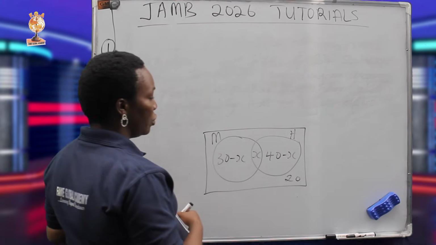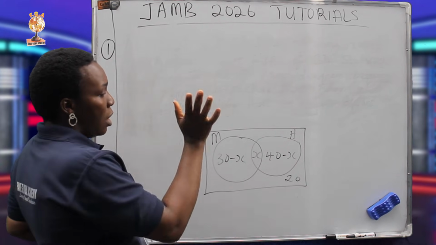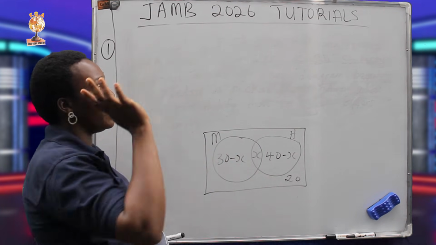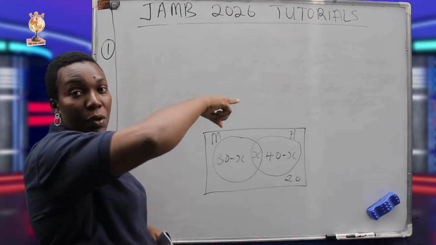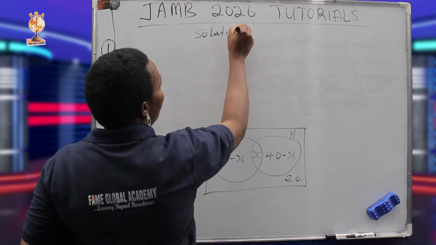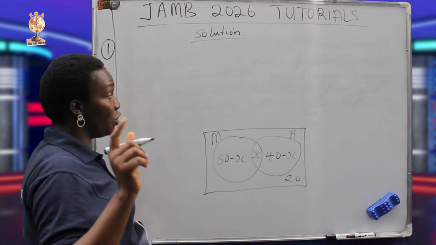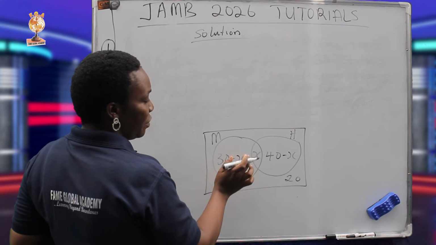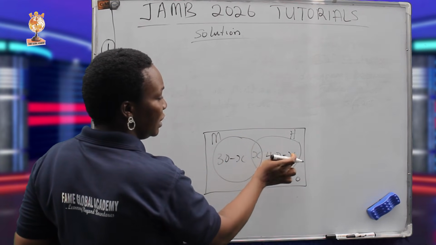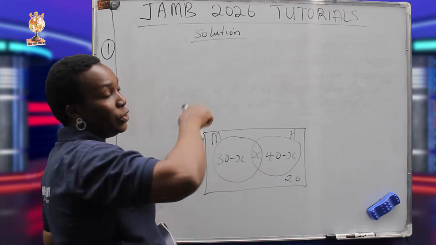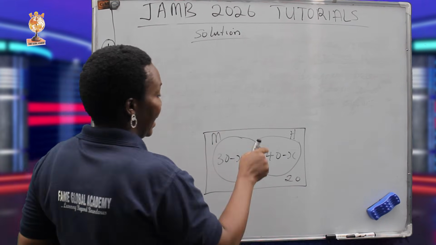Okay, so for you to do this fast, all you need to do is add everything here equal to 80, because the number of students from our question is 80. Remember, you don't have to waste time because it's objective, so you just go straight. So you have 30 minus x plus 40 minus x plus 20, everything equal to 80, which is the total number of students in the class.